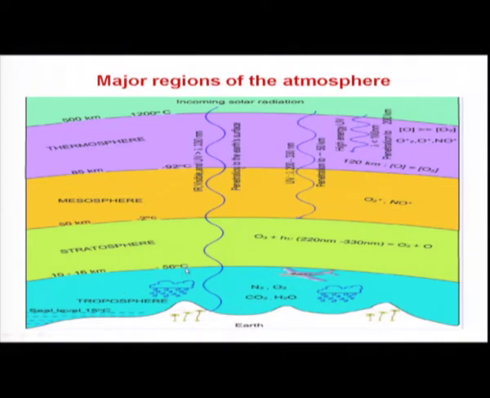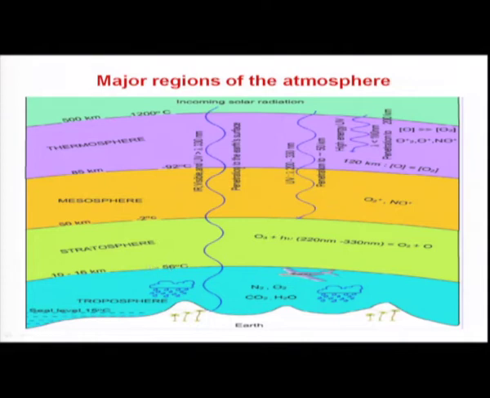At the top of the troposphere, it reaches about minus 56 degrees Celsius, and thereafter there is a constancy in temperature for some time, which is normally called the tropopause. The drop in temperature as we go up is about 6.5 degrees Celsius per kilometer, up to this place.